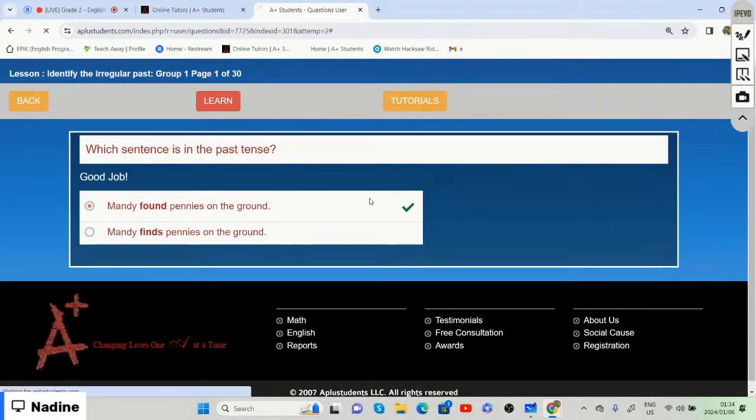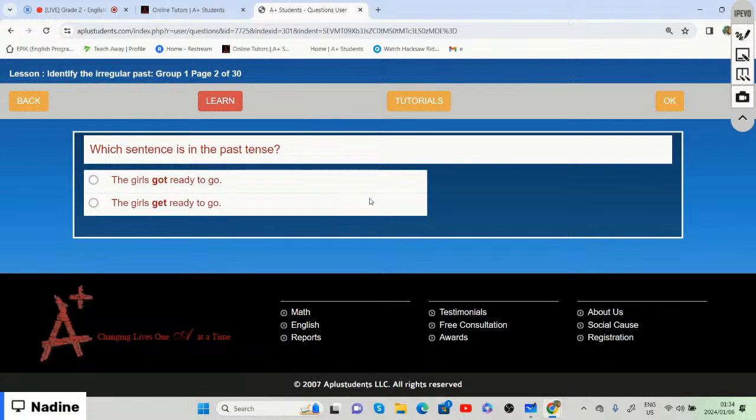And found is correct. So finds being now, but in the past it is found. Let's go to the next one.